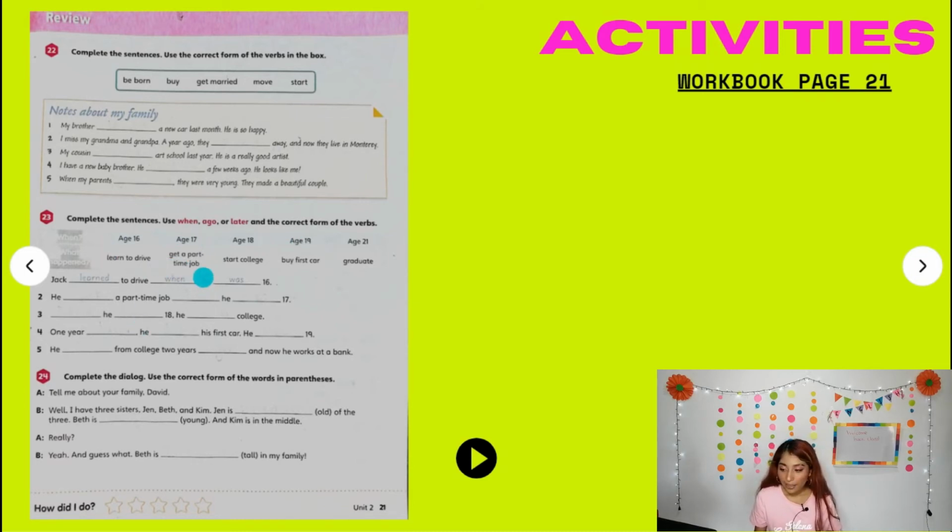Learn to drive, get a part-time job, start college, buy first car, graduate. Remember, you are going to use these verbs but also in past. For example, learned, got a part-time job, started college, bought first car, graduated. Please use them in past.